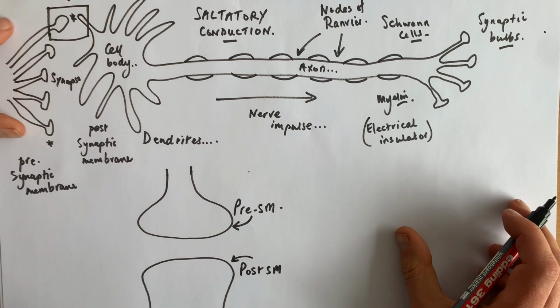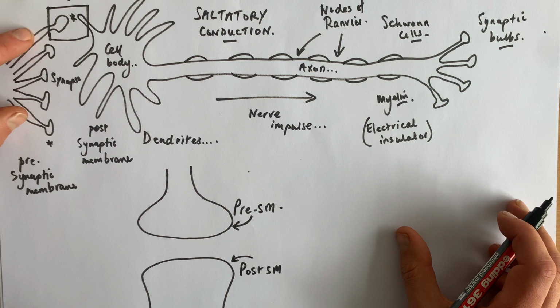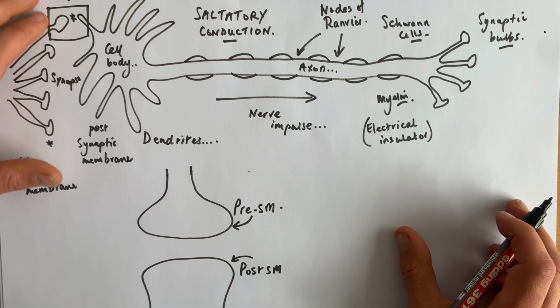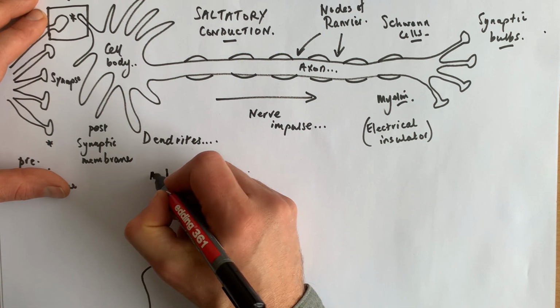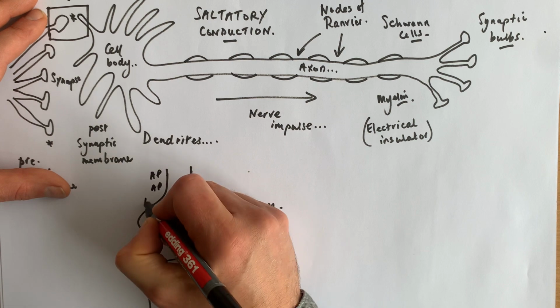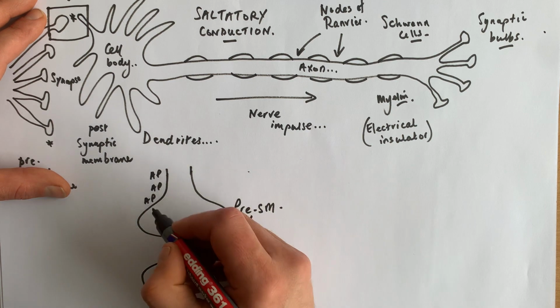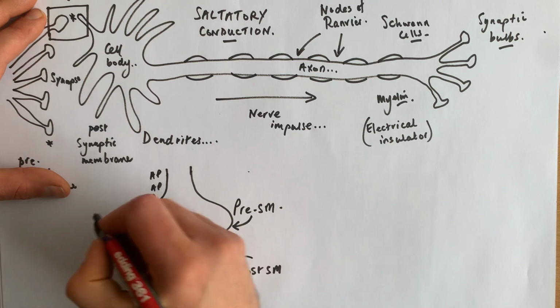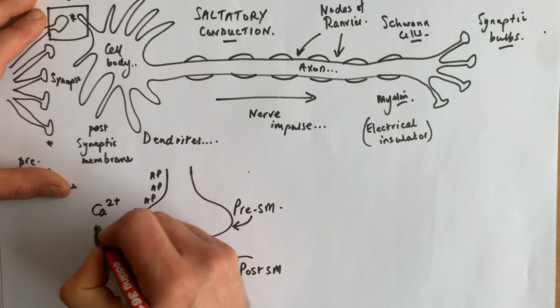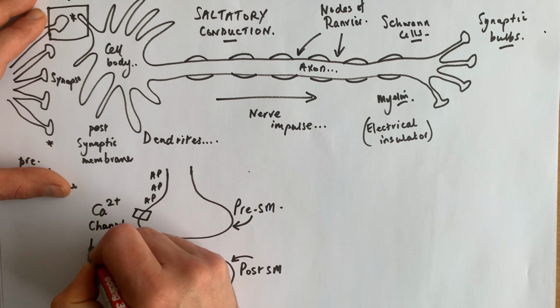Now, as the nerve impulse gets to the end of the synaptic bulb of the presynaptic neuron, it's going to be a series of action potentials that go down the presynaptic membrane. And what that's going to do is it's actually going to open calcium channel proteins.